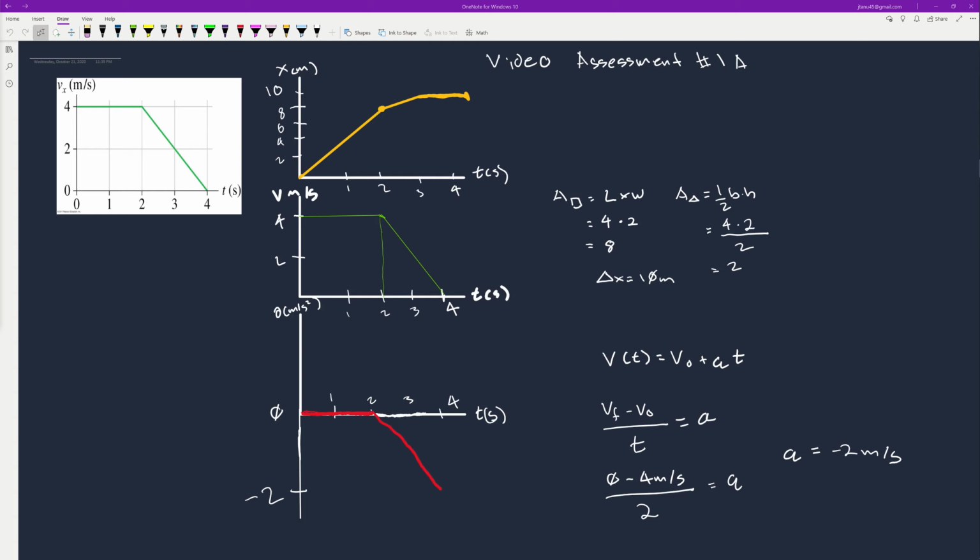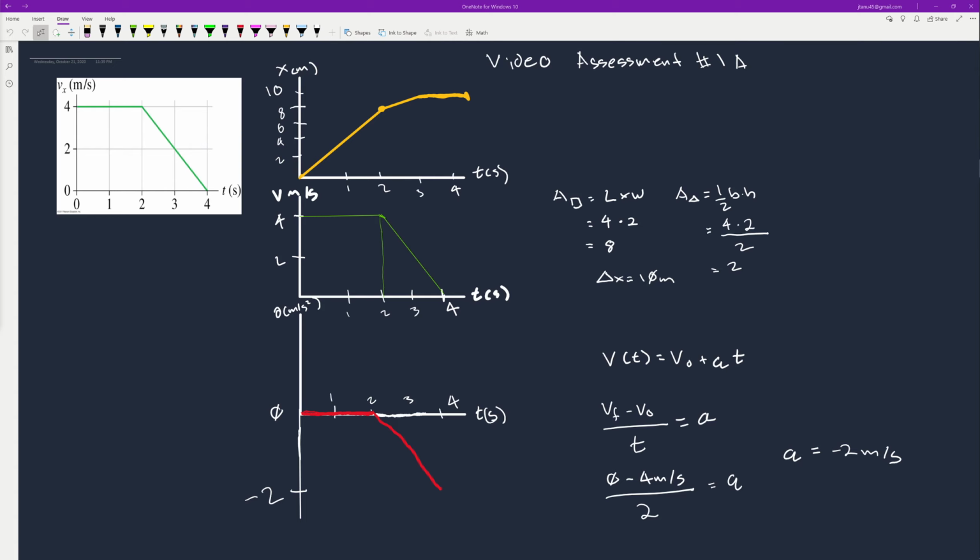So since velocity is a derivative of position, simultaneously, position is just the integral of velocity.